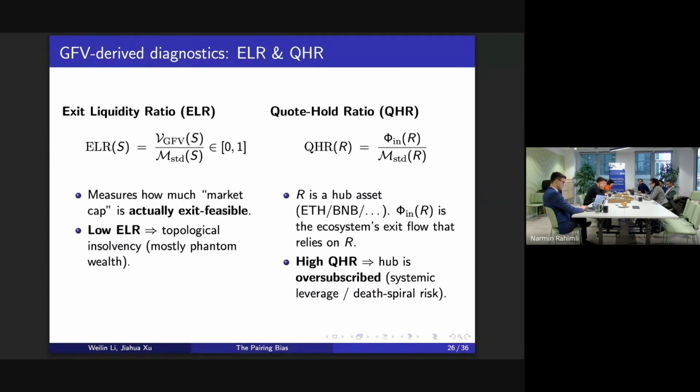With this GFV, we also define two metrics, derived by dividing the GFV by the market cap. With these indicators, or prognosis metrics, we can foresee the Luna crash a month or two earlier, so we can predict it and avoid it by exiting earlier than anyone else.